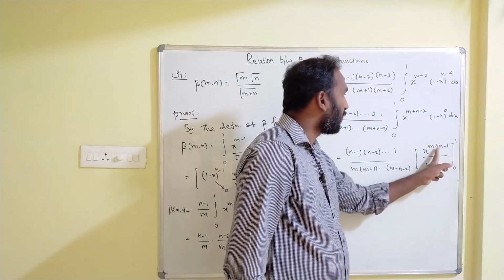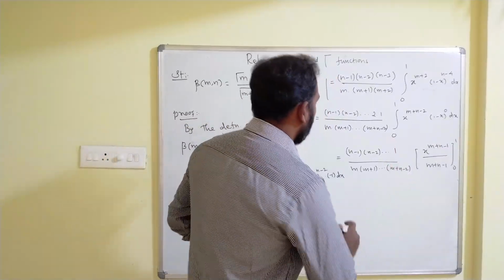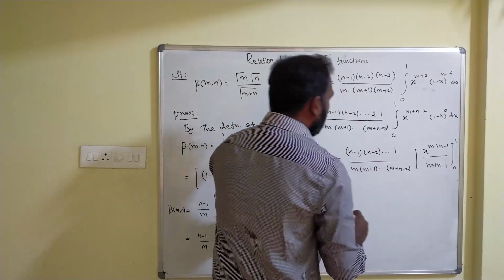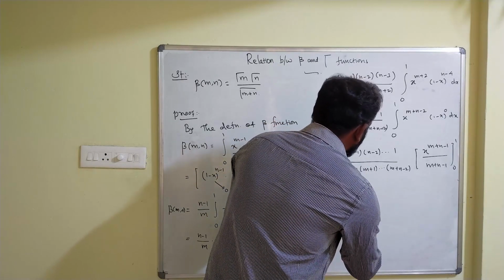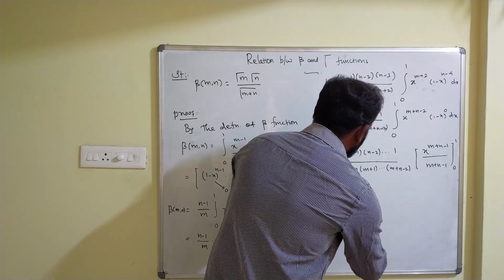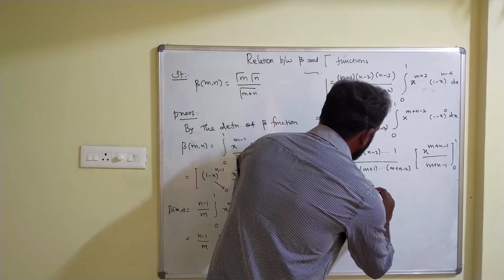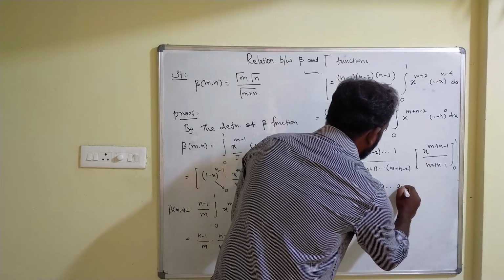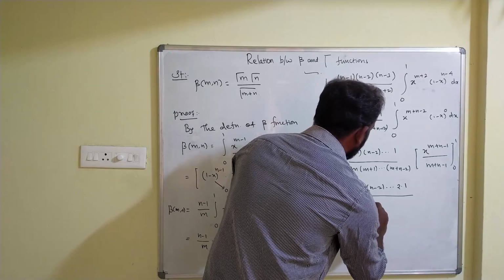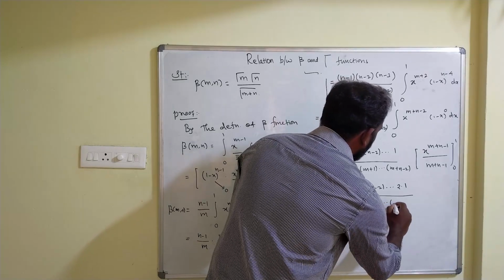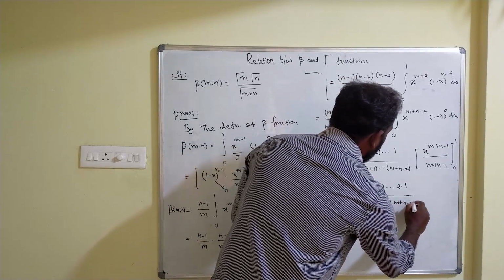Here is 1 power, this value will become 1. Therefore, the numerator will not change anything. So the numerator is n minus 1, n minus 2 up to 2 into 1, divided by the denominator m plus 1 up to m plus n minus 2.